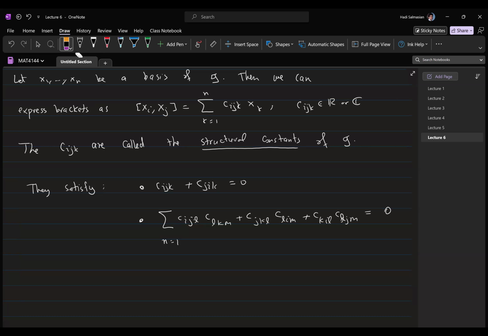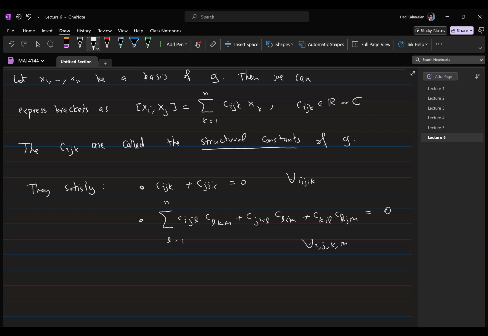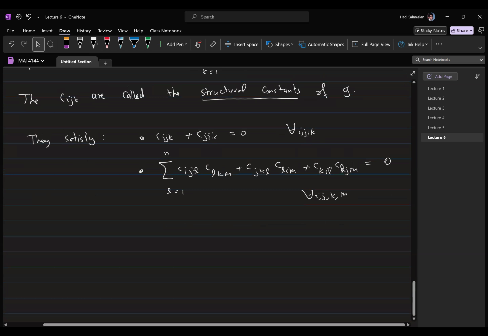This is for all l from 1 to n, for all i, j, and k indices, and this is for all i, j, k, m. So as you see, I didn't even remember this formula. I have to check my notes, and that's just because this formula is not extremely useful. Occasionally, you might take advantage of structural constants, but not necessarily these explicit relations, right?